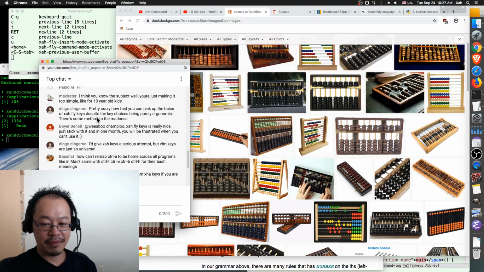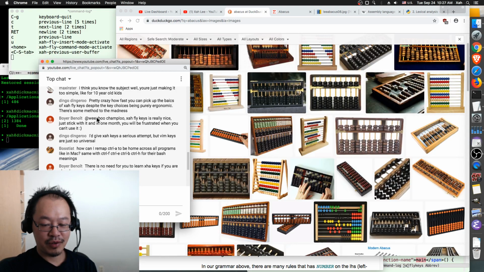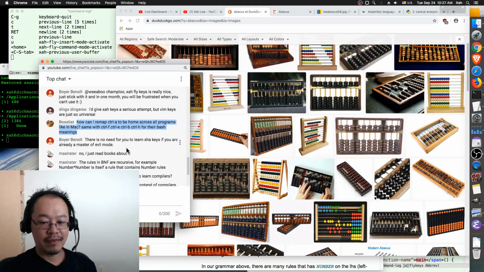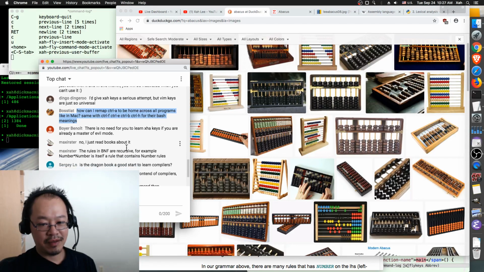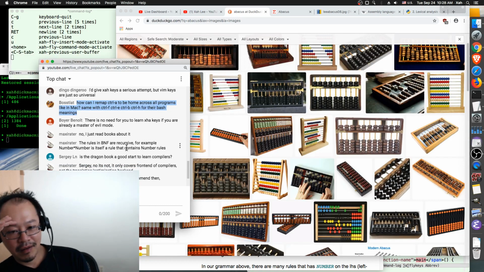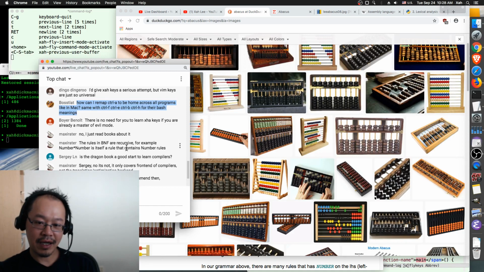How can I remap Control A to be home across all programs like in Mac? Same with Control F, Control E. You can do that, but... Bostia says, how can I remap Control A to be home?